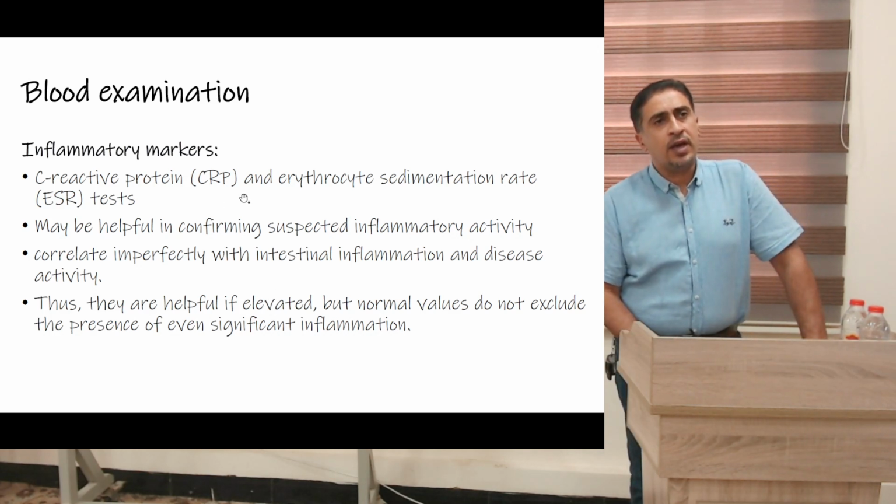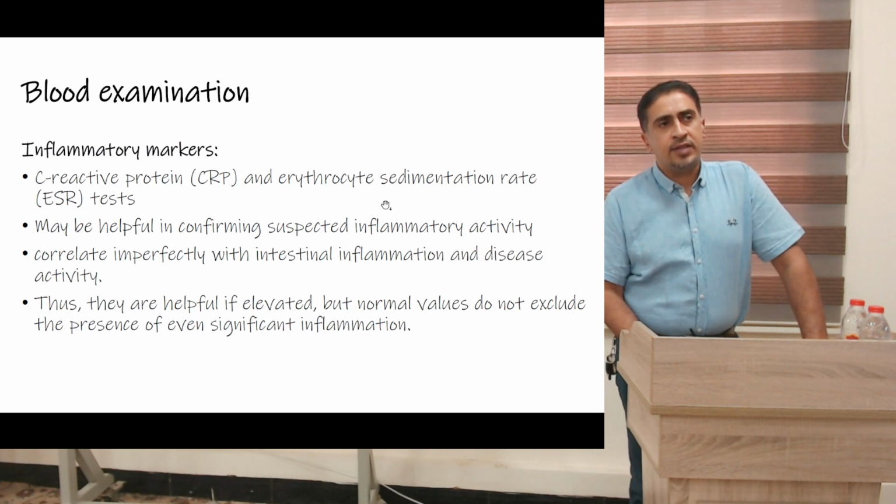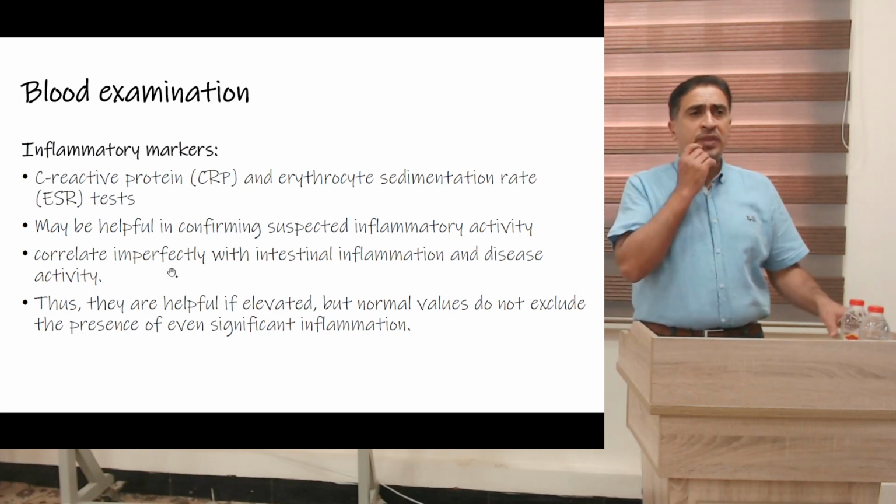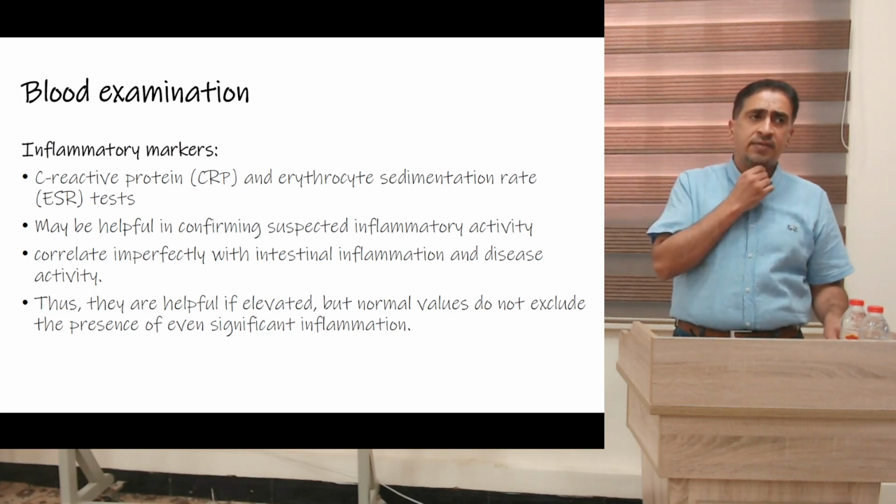Still, we need to consider the inflammatory markers. On top of that are the CRP and the ESR. But keep in mind, these can be helpful in suspecting inflammatory activity, but they correlate poorly with intestinal inflammation and disease activity.